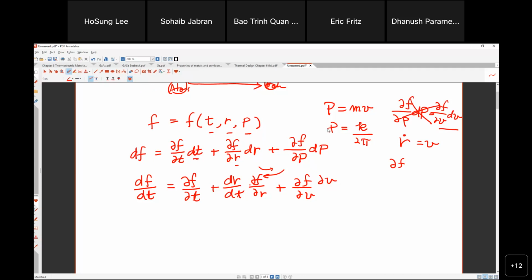Sorry, I'd like to remind you. P is k over h bar, Planck constant. Which means momentum in terms of wave number. So the f dp, I'm changing this.